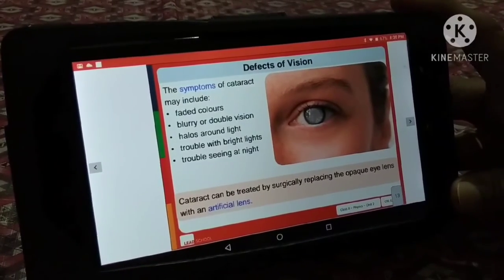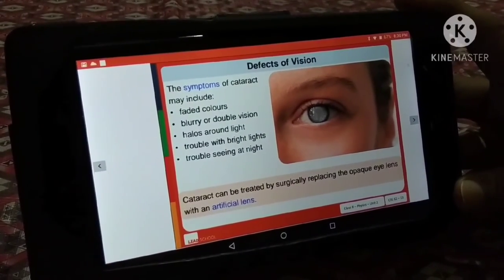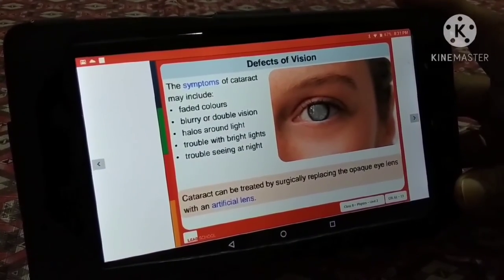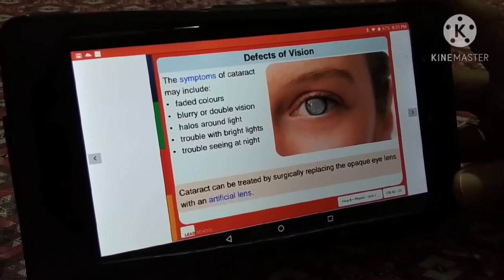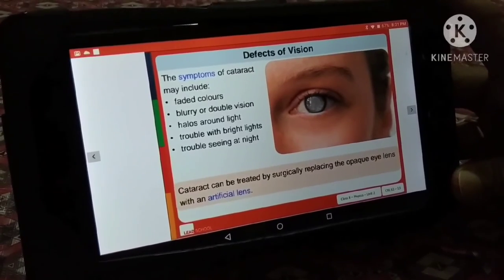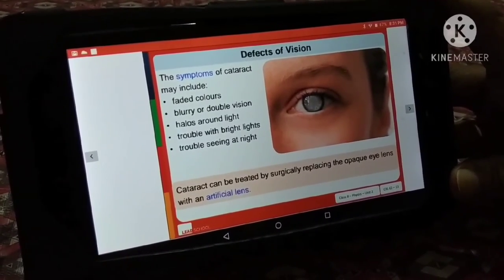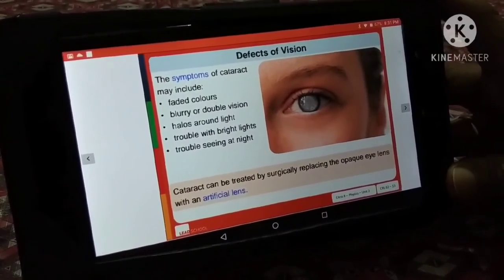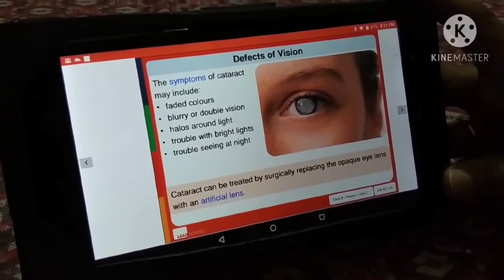The symptoms of cataract are faded colors, blurry or double vision, halos around the light, trouble with bright lights, trouble seeing at night.